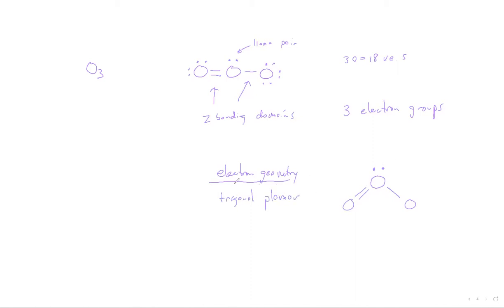Trigonal planar. But the bond angles change a little bit, because the lone pair requires a bit more space. Since it's so close to this oxygen atom, it needs more space, and so it compresses this bond here. These guys are forced closer together because the lone pair requires more space.